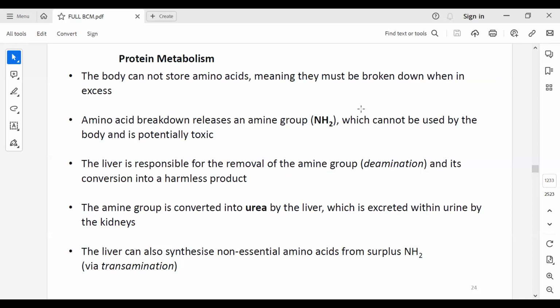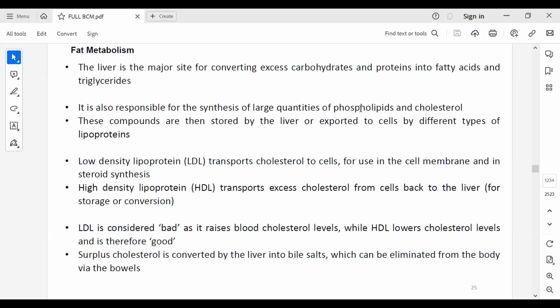So they carry out a lot of gluconeogenesis and start depleting their fat and even their muscle mass. The liver can also synthesize non-essential amino acids from surplus amine groups, so transamination. So the liver can either deaminate or transaminate to make the other non-essential amino acids which we don't get from food.